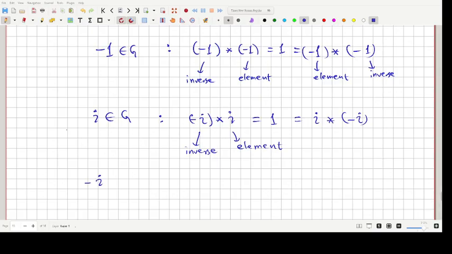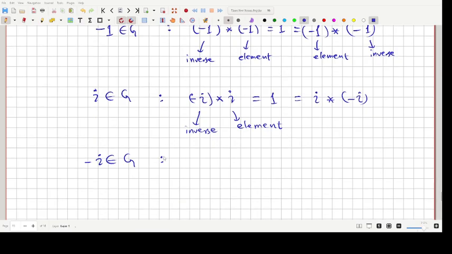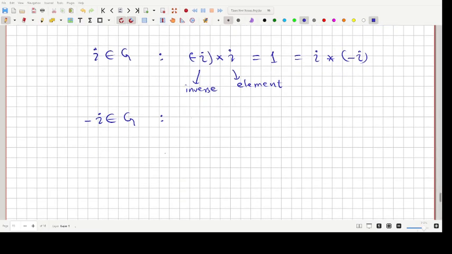Also, negative i belongs to G and has an inverse as well. This inverse is going to be i, because i star negative i is equal to 1, and of course negative i star i is also equal to 1. So this is the element negative i, and the inverse is i.